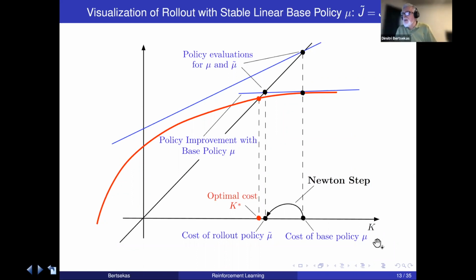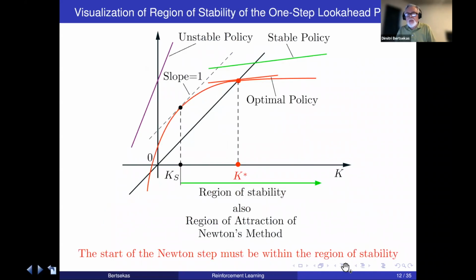Yeah. Generally, that's a good idea, but you should not overdo it. You should not start too far to the right, because your approximation, the Newton step, is not going to get you as close. The concern here, as far as rollout is concerned, as far as approximation in value space, generally it's a good idea to start with K large.